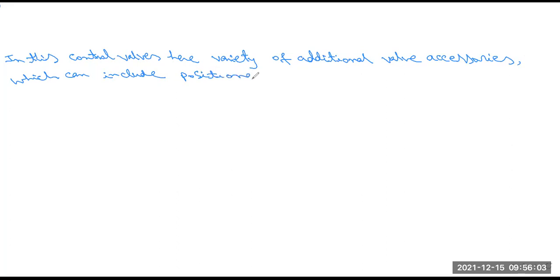Positioner means which follows the level position, that means the level measurement system. It measures the position of the liquid, that is bottom level, moderate level, or low level. So this is basically the positioner.